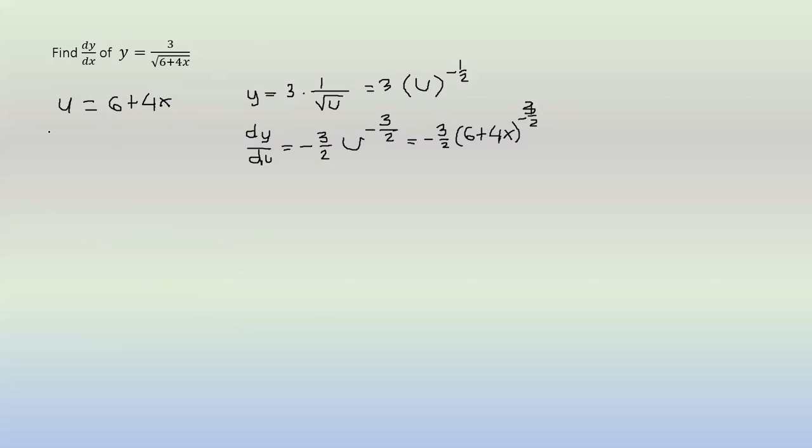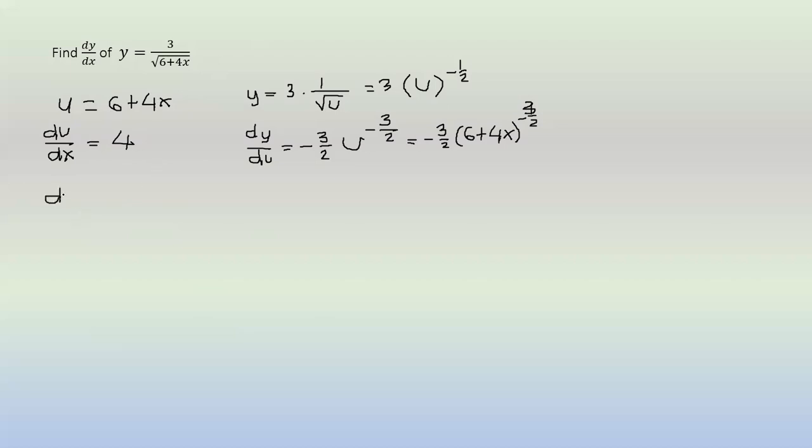Now, how about u? du/dx equals 4, because the derivative of 4x equals 4 and the derivative of 6 equals 0.